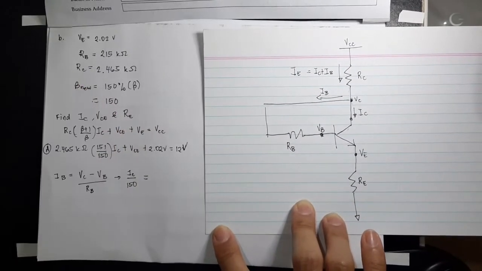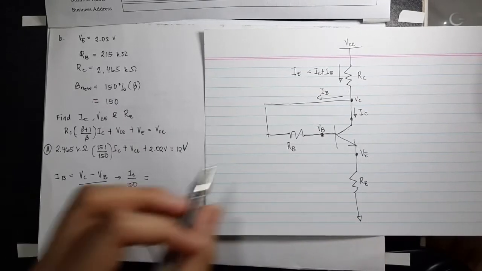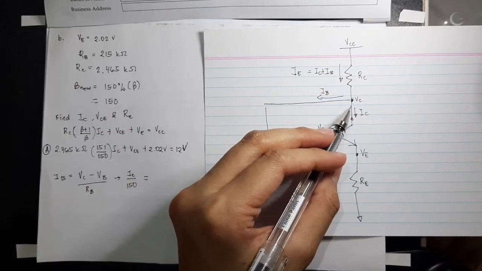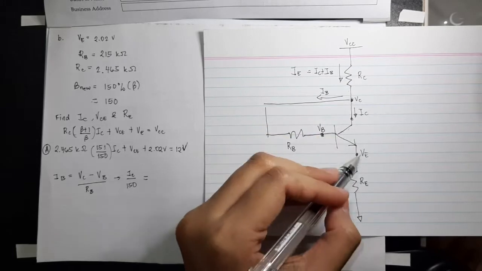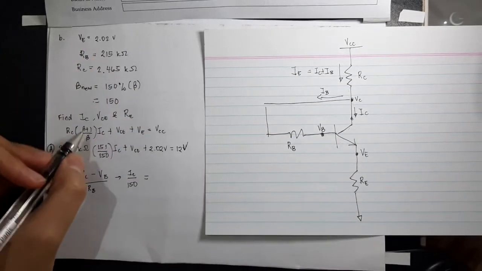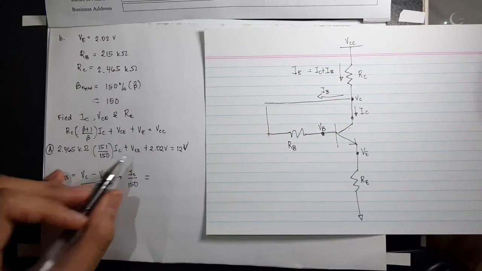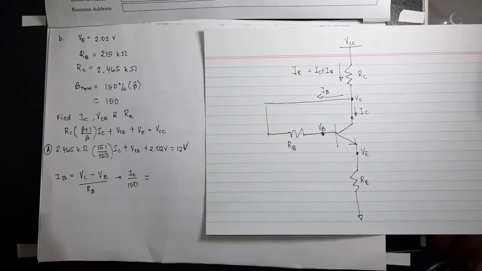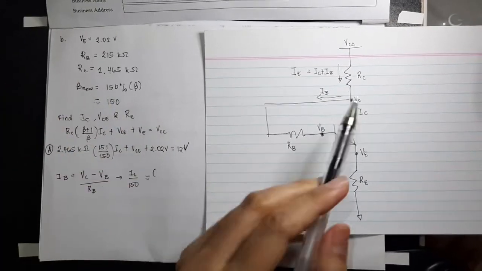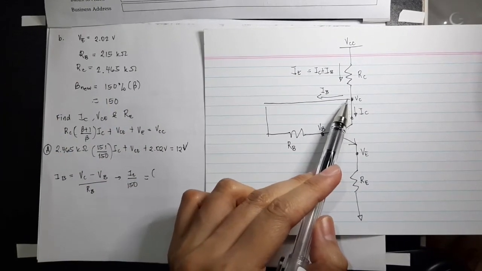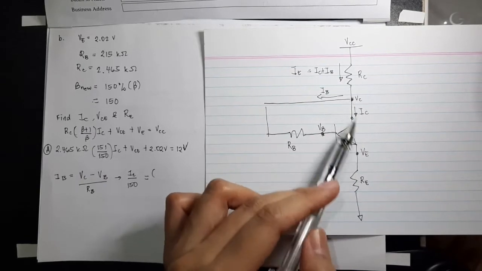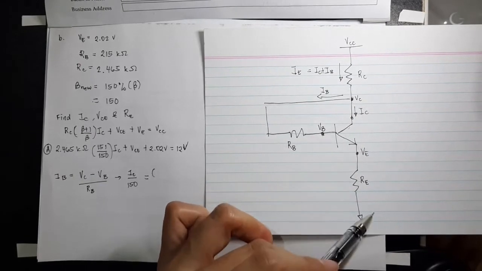That's equal to, we can also rewrite VC in terms of VCE and VE, just like we did in this part, para two equations, two unknowns lang tayo. So VC is the sum of VCE plus VE.